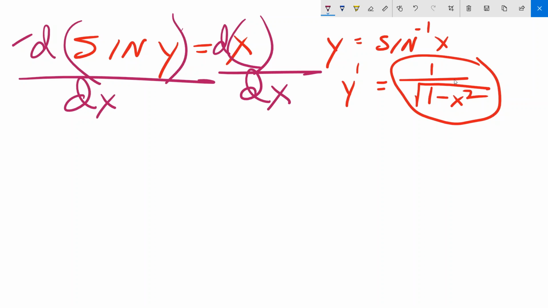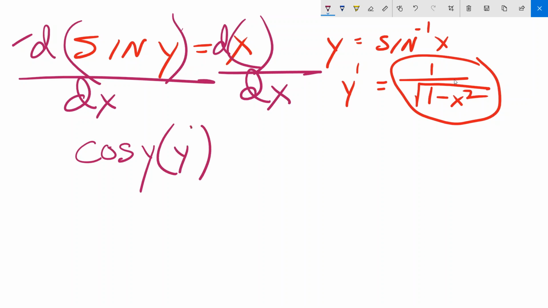Okay. So what's the derivative of the left side? The derivative of sine is cosine. Cosine of what? Cosine of y, that's the derivative of the outside, times y prime.